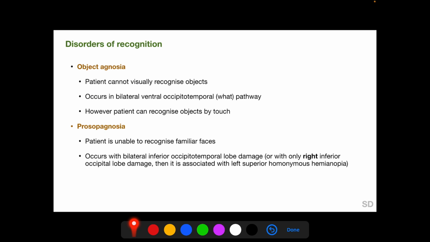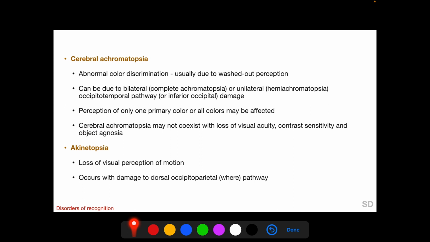It can also occur with only a right inferior occipital lobe damage, in which case it is associated with a left superior homonymous hemianopia. In cerebral achromatopsia, there is an abnormality in the color discrimination, and objects appear washed out in color, and it can be due to bilateral or unilateral occipitotemporal pathway, the what pathway, or inferior occipital damage.